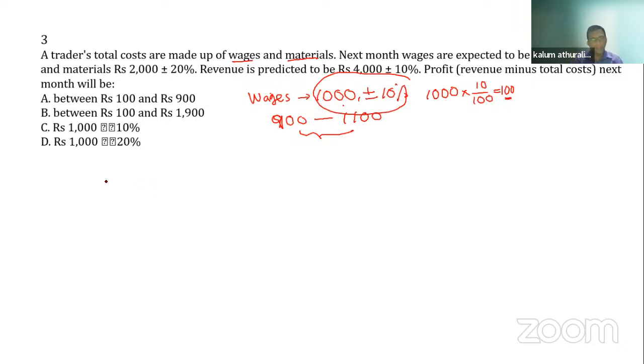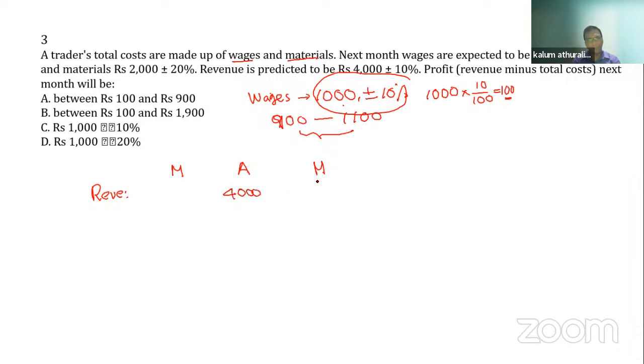Likewise, now we can find the revenue. What is the minimum value, the maximum value, or the average value? Revenue is 4,000 plus or minus 10. Then average revenue is 4,000.